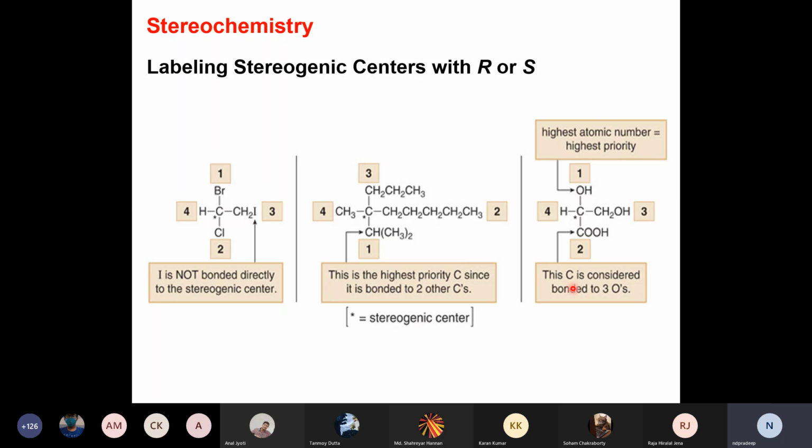Come on, man. The atomic number is the same. The heavier isotope will have higher priority. Very good. The atomic number is the same, so go by the mass. So tritium will be 1, deuterium will be 2, and hydrogen will be 3. Right?